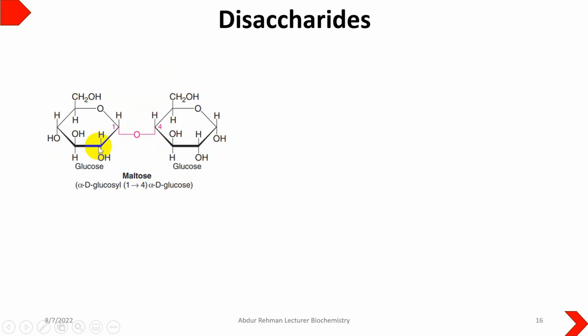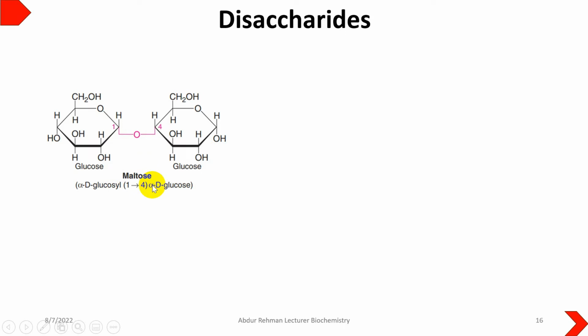Here in the first example, we can see two alpha glucose subunits form a glycosidic bond when carbon 1, also known as the anomeric carbon, reacts with the fourth carbon of the other glucose molecule. It forms an alpha 1,4 glycosidic linkage, and the disaccharide is known as maltose.